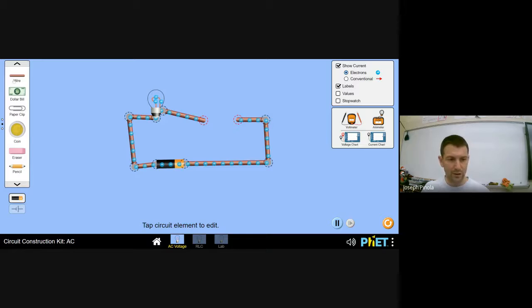I'm going to scroll down and I'm going to pull out a paper clip. If we put this paper clip in the circuit, is it an electrical conductor? You bet it is, because the paper clip allows current to flow through it. But how about a dollar bill? Is the dollar bill an electrical conductor? No, it's not letting any current flow through it.